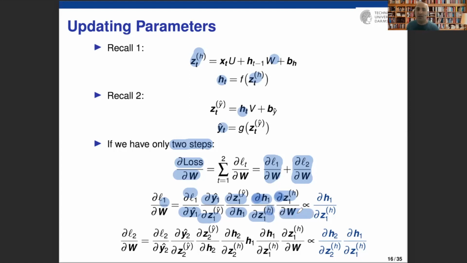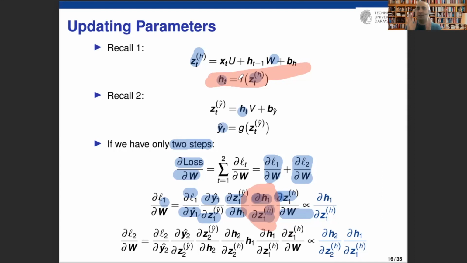So if we only look at this part, the derivative of H1 with respect to Z, which is here, the derivative of this function, we can say that F is the activation function of the hidden state, right?